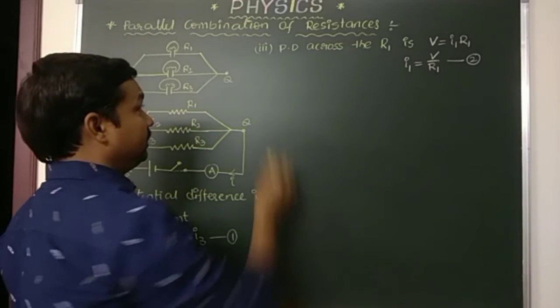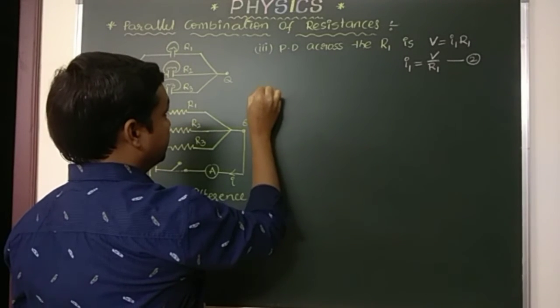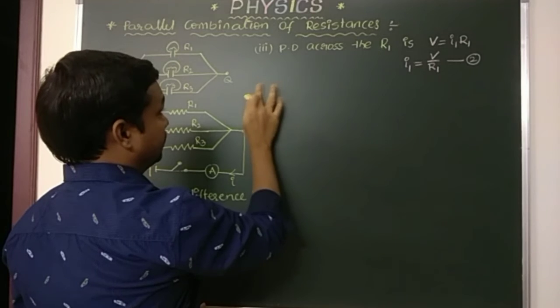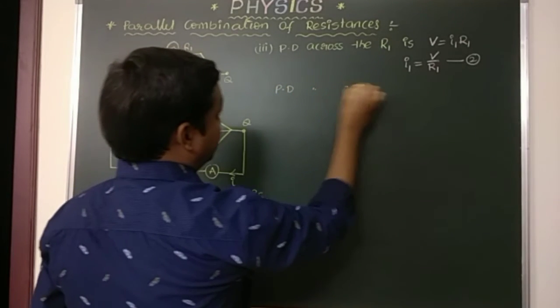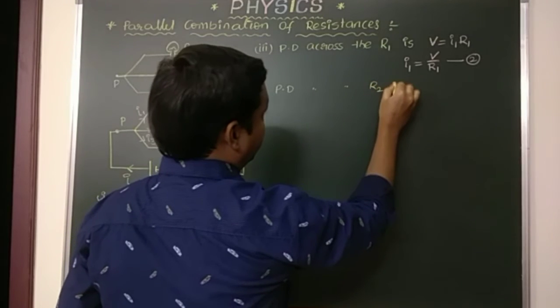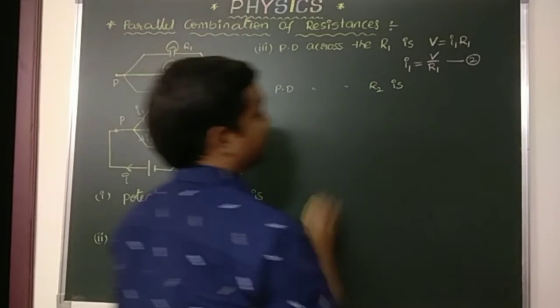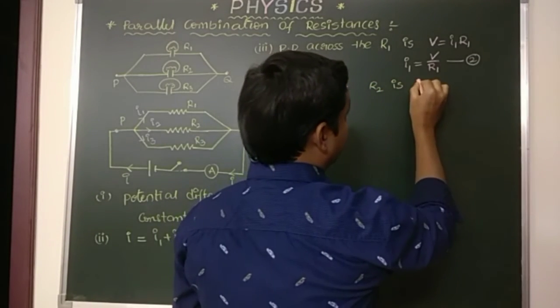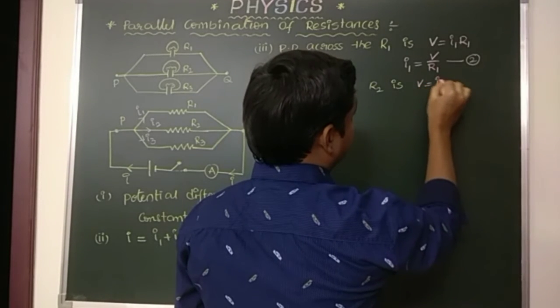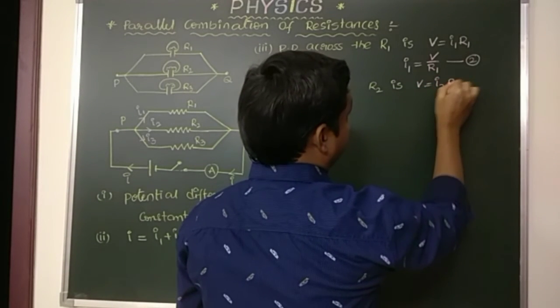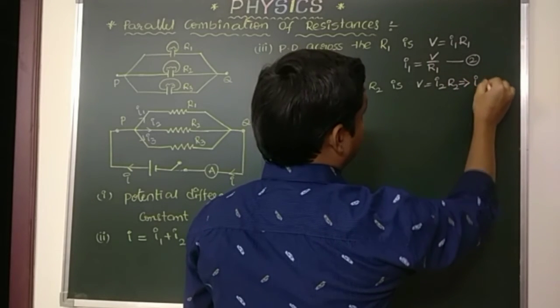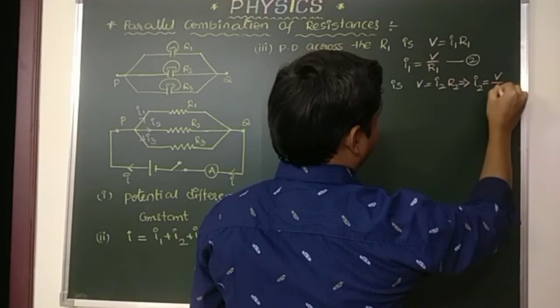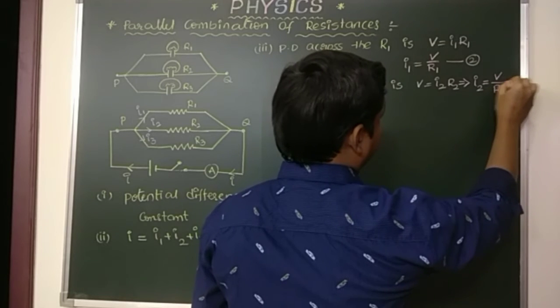Similarly, the potential drop across resistance R2 is V is equal to I2 R2. From this, I2 is equal to V by R2, number 3.